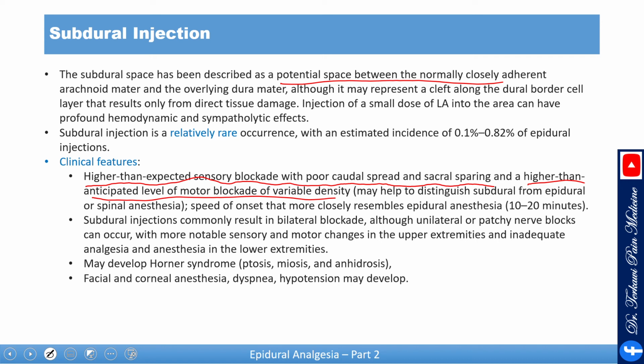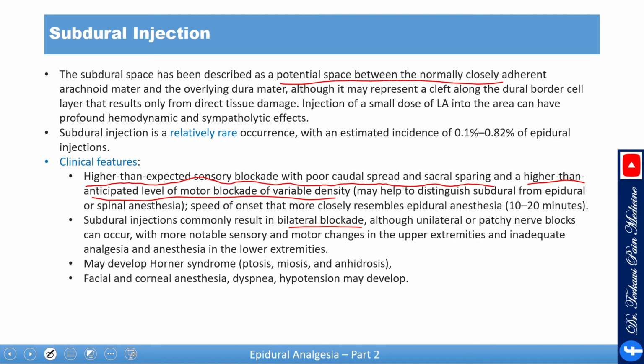A speed of onset that more closely resembles epidural analgesia. Subdural injection commonly results in bilateral blockade, although unilateral or patchy nerve block can occur, with more notable sensory and motor change in the upper extremities and inadequate analgesia in the lower extremities.